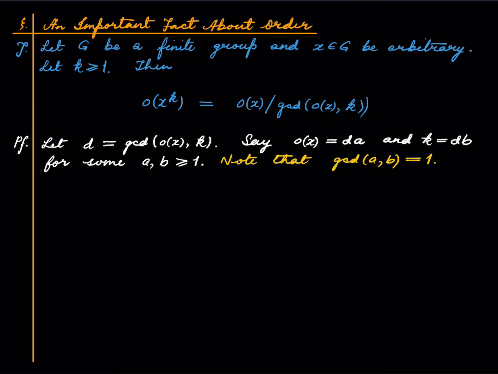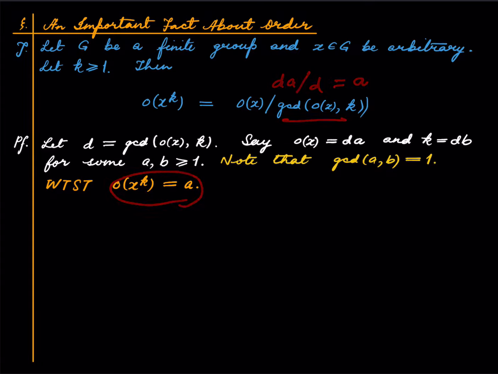Okay, so there's nothing much going on so far. So now what we want to show is the following. We want to show that the order of X to the K is A. So this is what we want to show, because this number is nothing but A. The order of X is dA divided by the GCD D, so that is A.